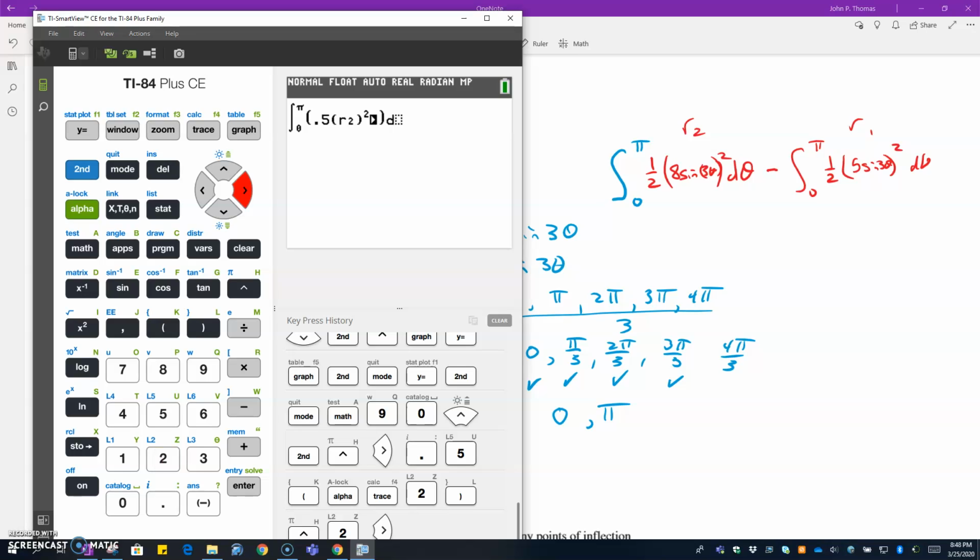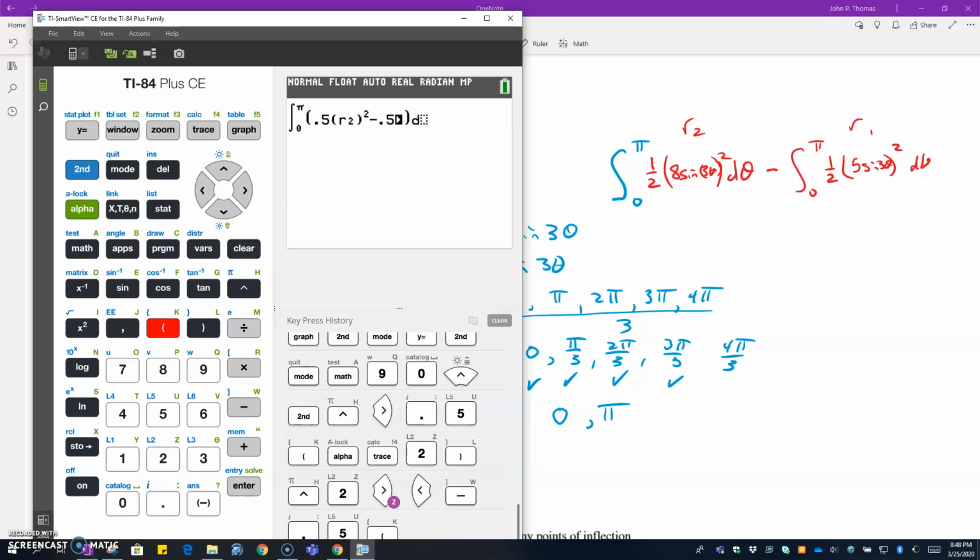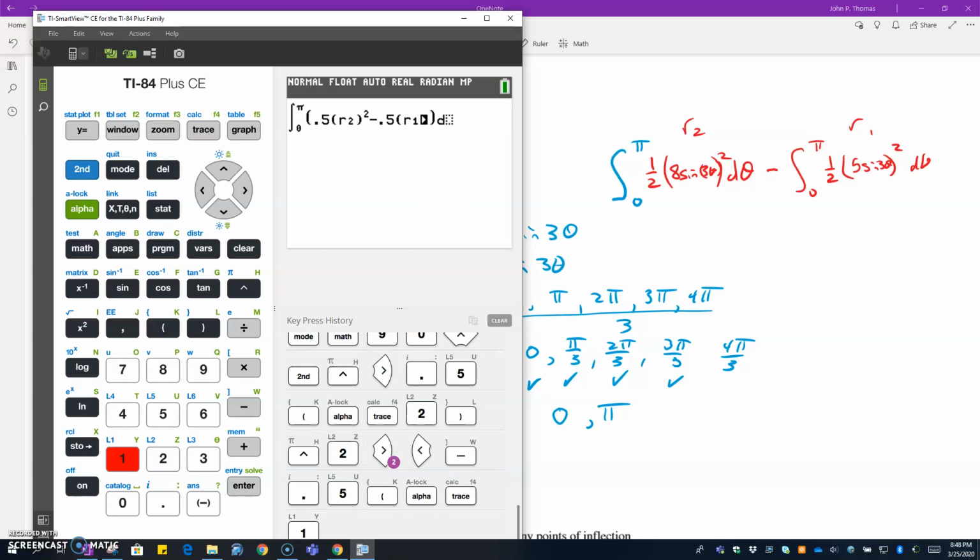Actually, let's go ahead and put everything in one here just to speed up entry a little bit. So for this next one, I'm going to put 0.5 quantity alpha trace number 1, which is our first function, quantity squared.